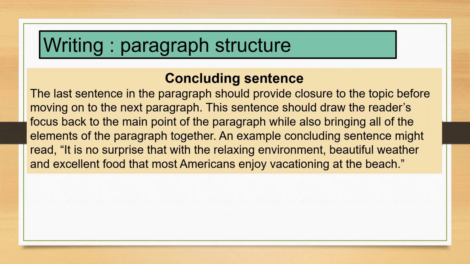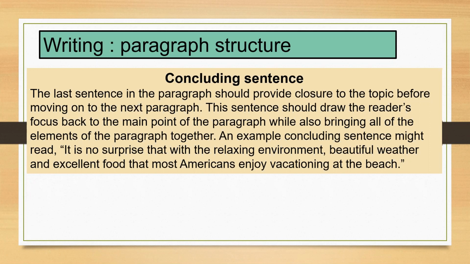Entonces, regresamos a la idea principal, que era que las playas son el lugar preferido para los americanos de ir de vacaciones. ¿Okay? And then after you say all of the benefits, all of the statistics, all of the personal experiences that you have had going to the beaches for vacations, you go back to the main idea by closing the paragraph. Okay? Después de que dices todos tus body sentences y todas las estadísticas, etcétera, haces un enunciado de conclusión para regresar a cuál era tu idea principal.